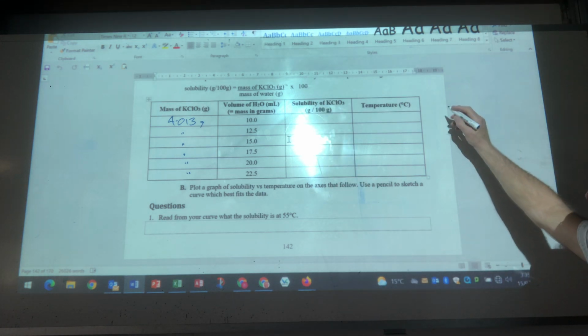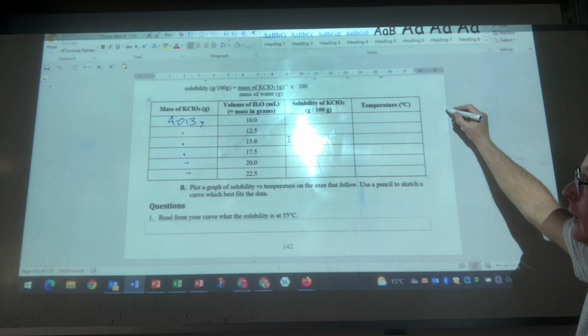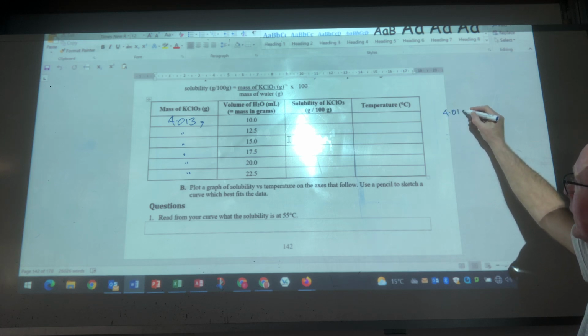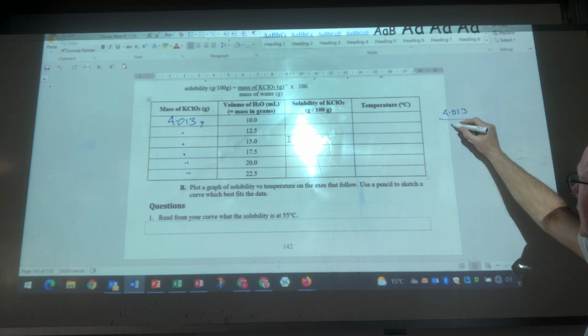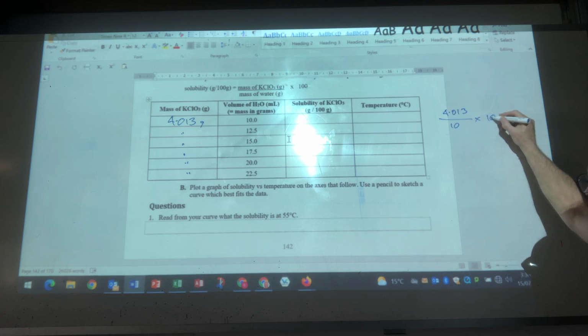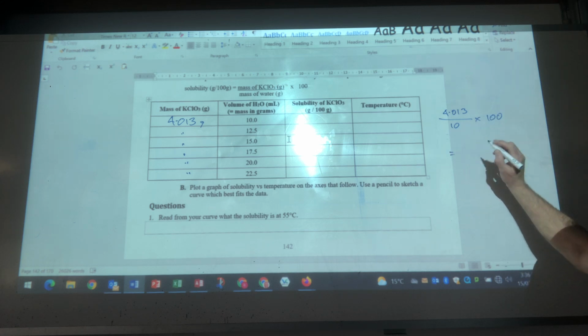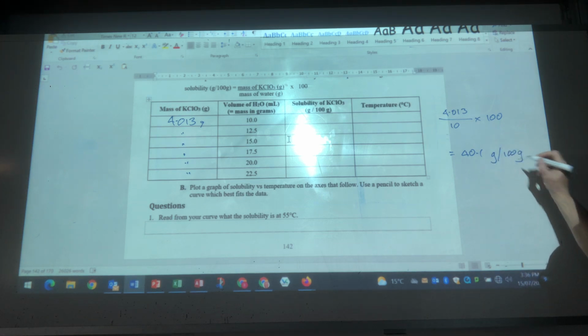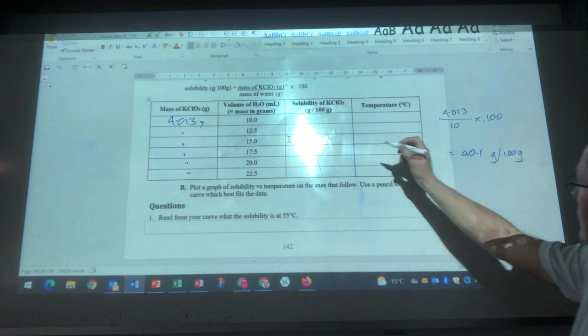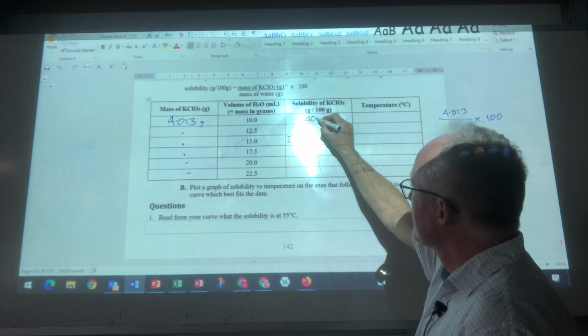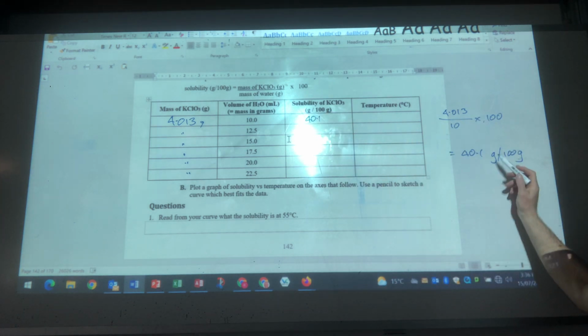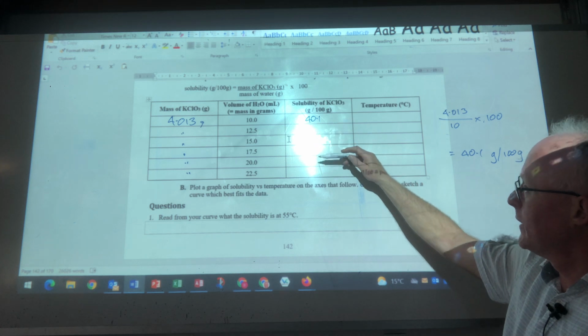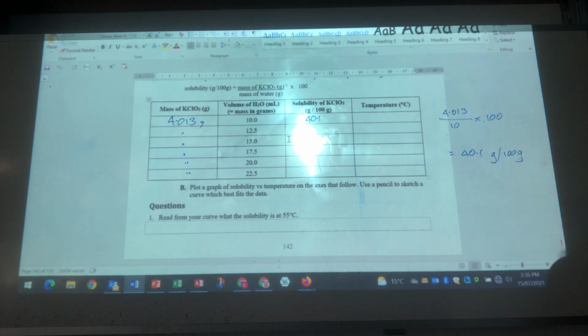So for the first one, the calculation is going to go 4.013 divided by 10 times 100, and that of course will equal 40.1 grams per 100 grams. So that's solubility which goes in here, and then you'll calculate it exactly the same way for each of those.